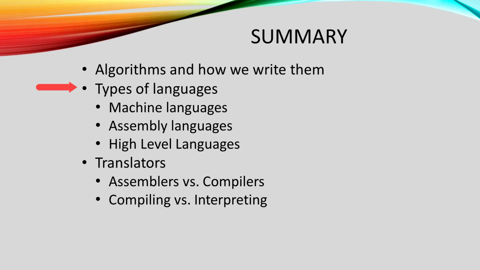There are assembly languages, which are English-ish versions of the instructions the machine understands. But there is still one assembly instruction for each machine instruction. And then there are high-level languages, where the language has become more expressive and a little bit more like English, and they're much more machine independent.